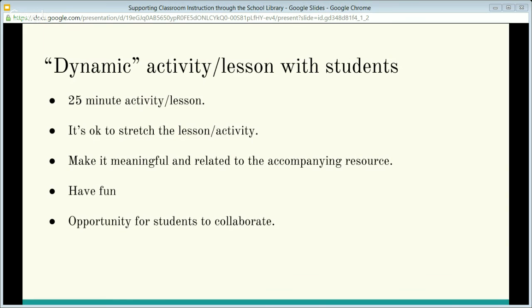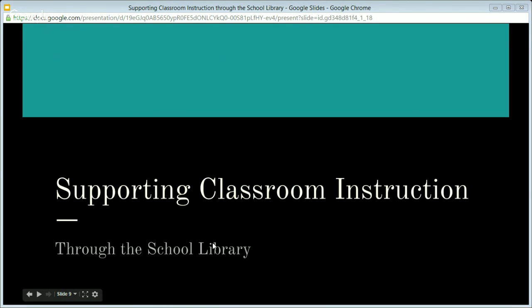Okay. So I believe I touched on all three topics that I was going to today in supporting classroom instruction through the school library. So remember, it is so crucial and important. If you are going to support classroom instruction, which you should be, then make sure you are collaborating with the classroom teacher. Also, make sure you're assisting in the selection of appropriate resources.